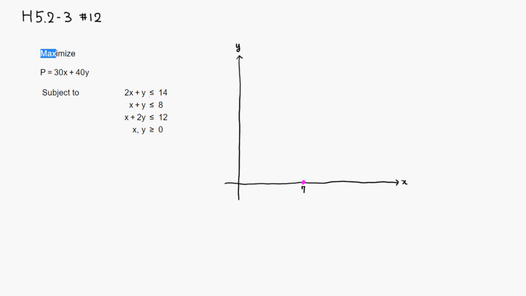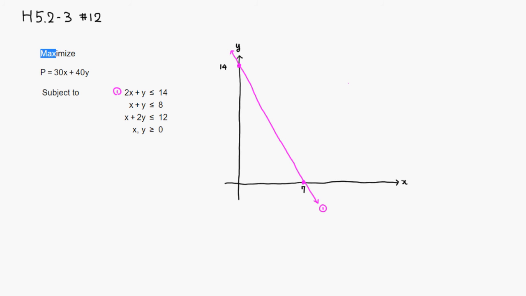The y-intercept is going to be 14, double that, so it's around here. Then we just connect these two dots to draw the borderline. That's the first one, so maybe I'll number it.